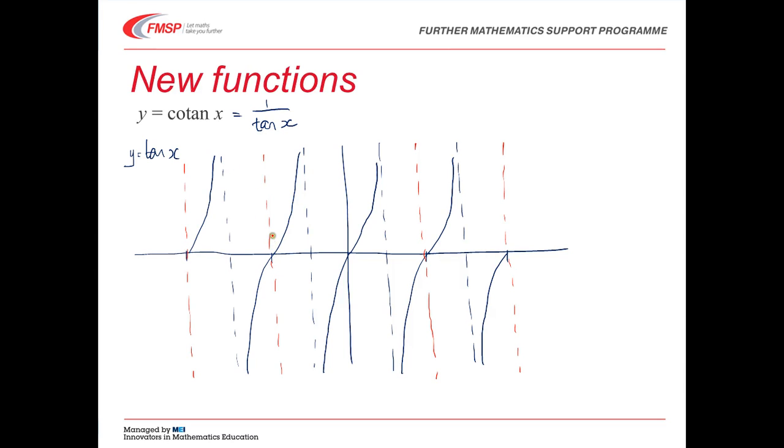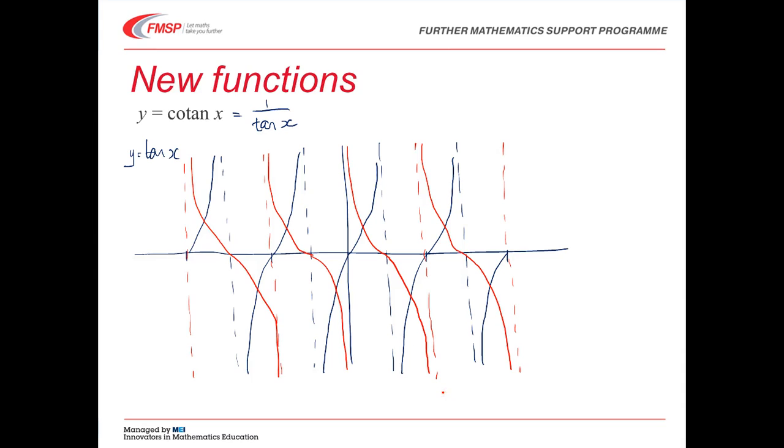So it's all positive here, and it goes down to 0 at the other asymptote, and then down to infinity there. Zero at the asymptotes of tan, and has an asymptote where tan is 0. Quite a satisfying one to draw there. Hit the asymptote a little bit.